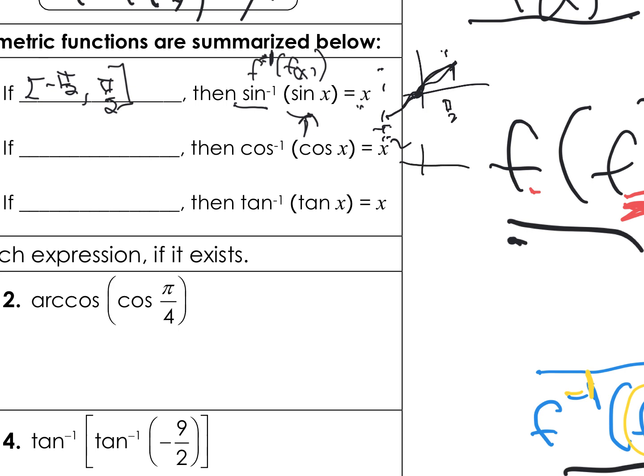Cosine, we went from these two quadrants. So if the outside function is inverse cosine and is eating the cosine function, the definition is that it's x, only on the domain 0 to pi.